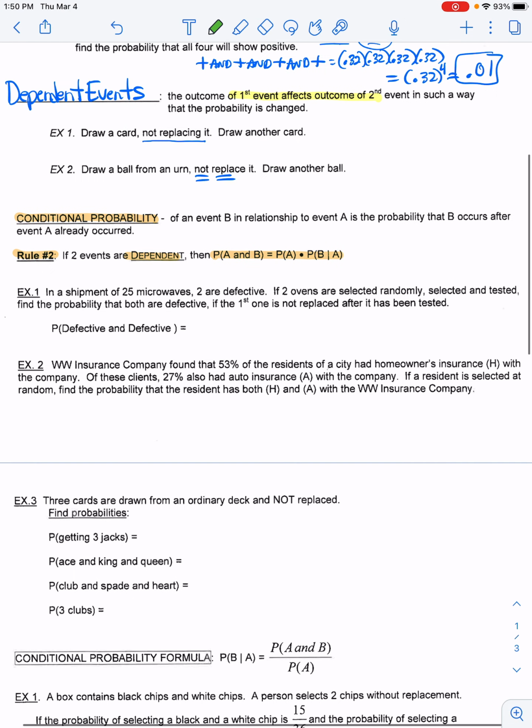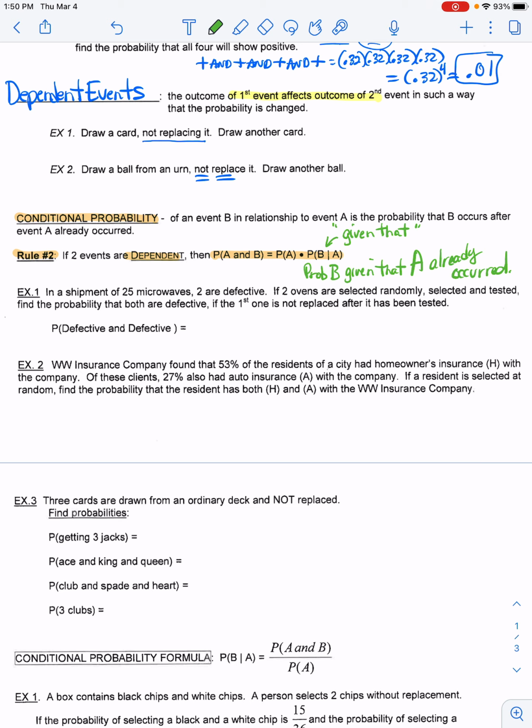This little line here says given that. So this is the probability of B given that A already occurred.